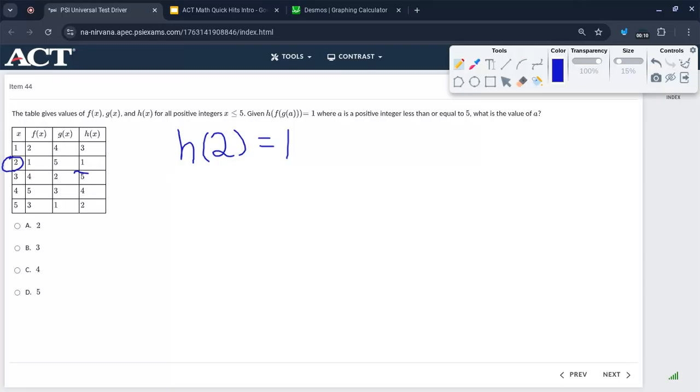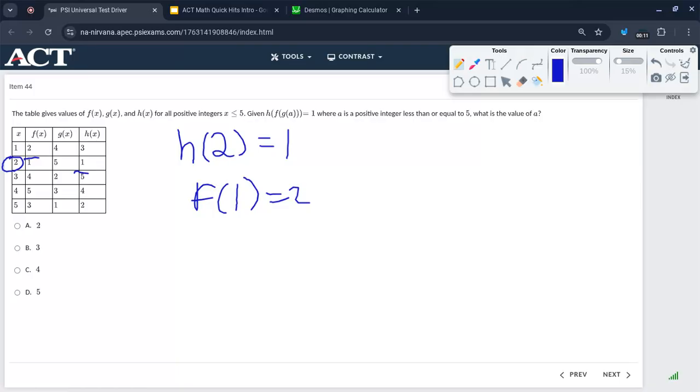All right, so then we just have to go back in time. So I need the f piece. I need f of something to give me 2, because as I walked through that example, once we figure out that f output, it becomes the input of h. So where is my output of 2 for f? Well, there it is. An input of 1 gives me that output of 2 for f.